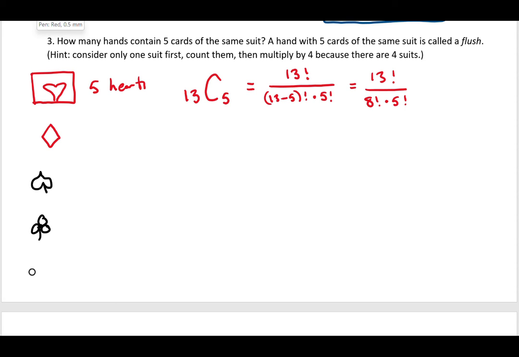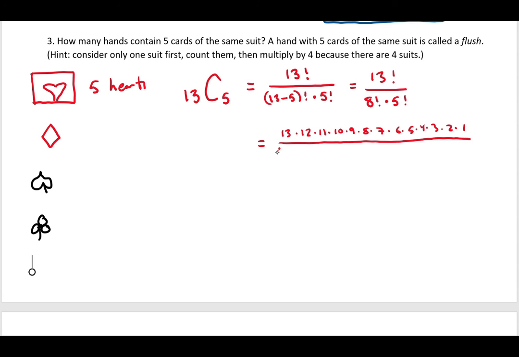And if you wanted to do this by hand, well, if you think about what a factorial is, 13 factorial means you're multiplying all the numbers from 13 down to 1. That's what we mean by 13 factorial.